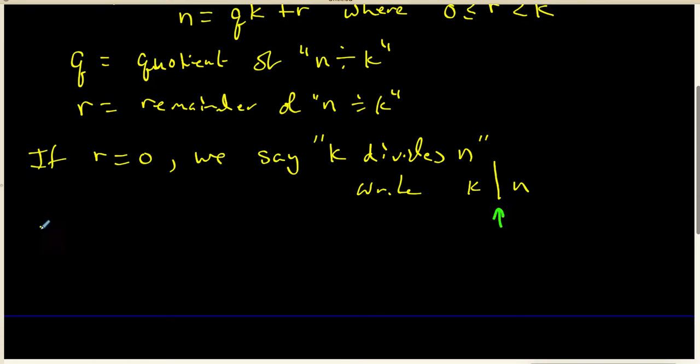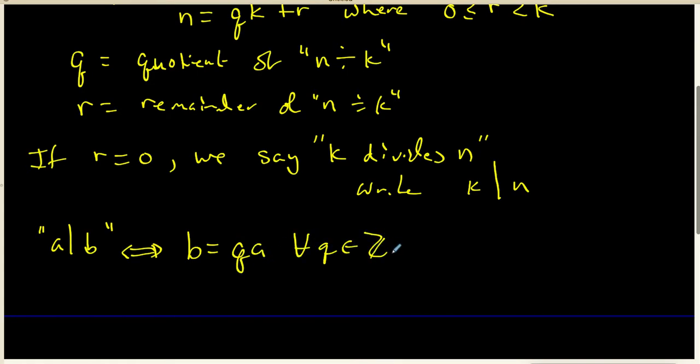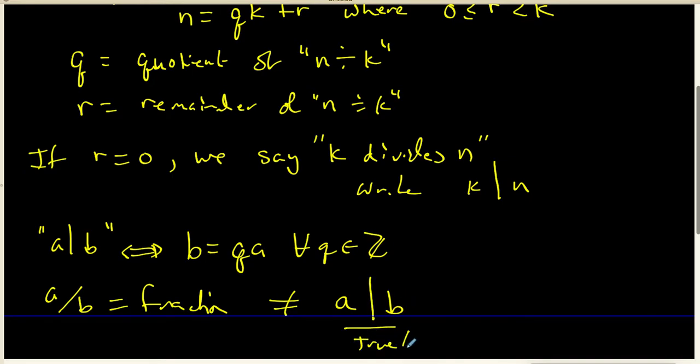So when you see something like a divides b, that means you can rewrite that as b is equal to q times a for some q inside the set of integers. It's important to realize that a divided by b as a fraction is not at all the same as the phrase a divides b. This is a true-false statement. This is a number. It is a fraction.